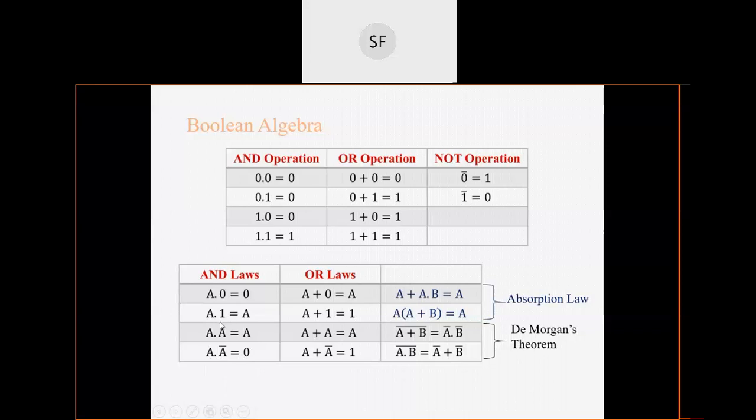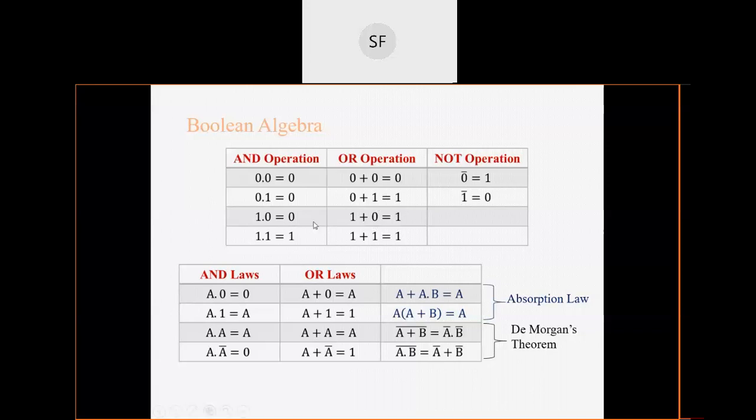So these laws are derived from these operations, and so these operations are very important. What do you mean by AND operation? Just remember like this: if all the inputs are high, if all the inputs are 1, then the output will be 1. Otherwise the output is 0. And what is the OR operation? If any one input is high, then the output will be high.